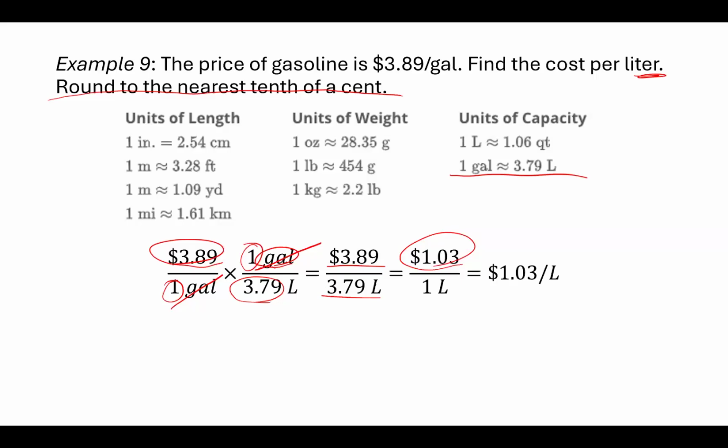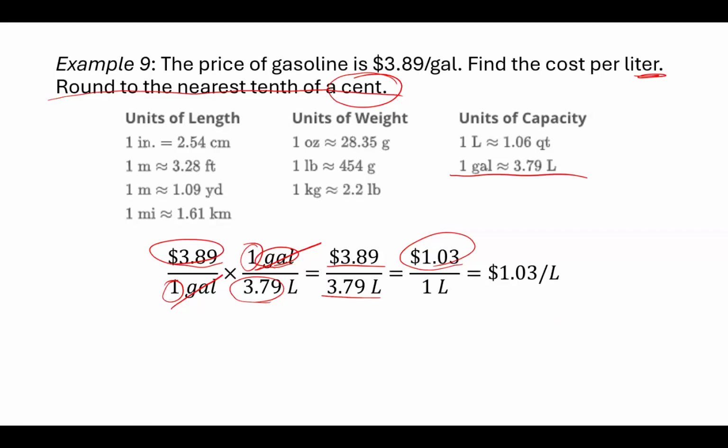Like the answer is 1.03 and then a bunch of other digits. But I only want to have the answer with cents. So that's actually the second digit. So my answer would be 1.03 divided by 1 liter. So 3.89 dollars per gallon is equivalent to $1.03 per liter.